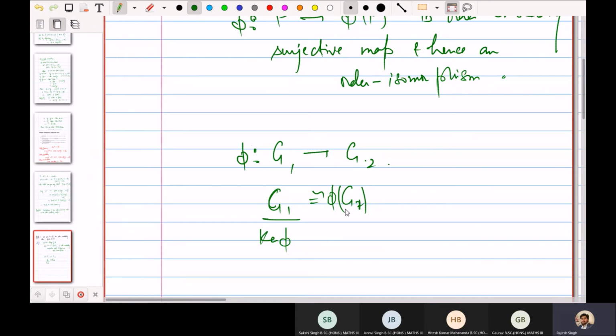If this is onto then you write G2, otherwise you write phi of G1. Remember this result. If this is an onto map, then G1 by kernel phi is isomorphic to G2. Which theorem is it called? Fundamental theorem of, नहीं, theorem of first isomorphism, ऐसा कुछ नाम होता है ना इसका. अभी I am not remembering the name of this.